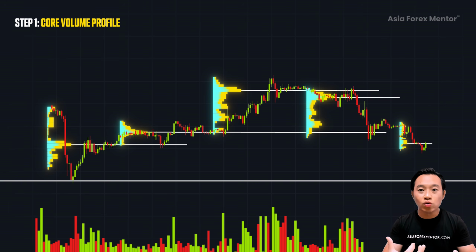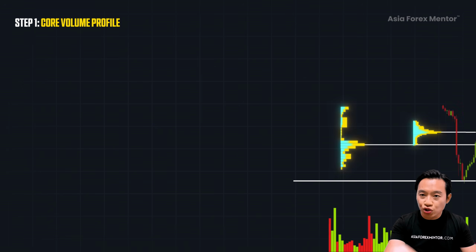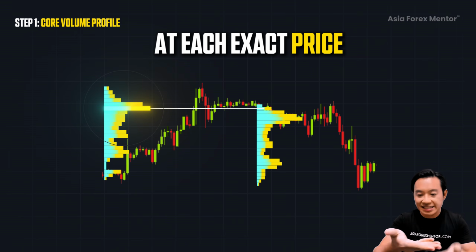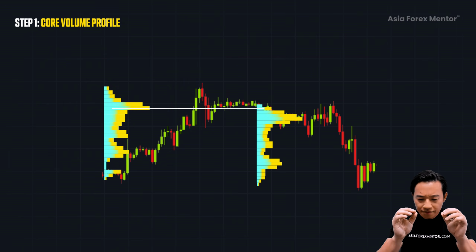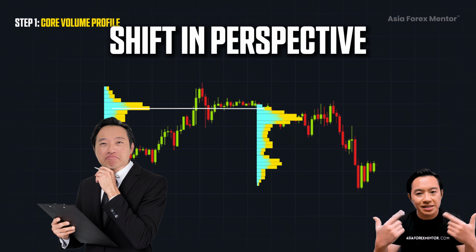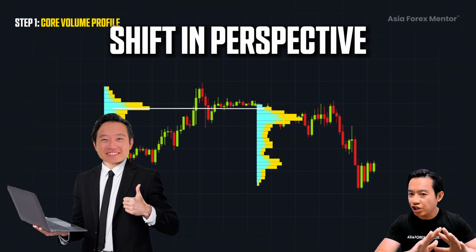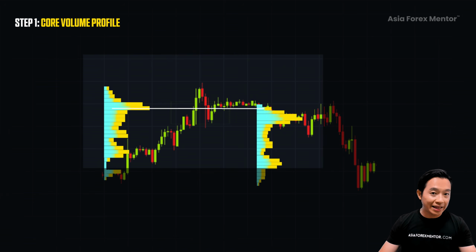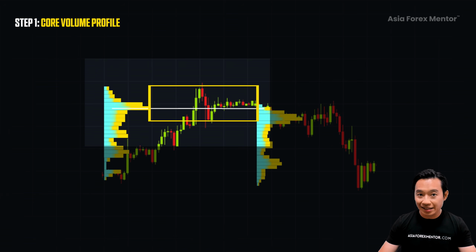It doesn't just tell you how much was traded in a certain period, it shows you how much business was done at each exact price. This is a shift in perspective, and it changes everything, because now you can see where the real battles actually took place.